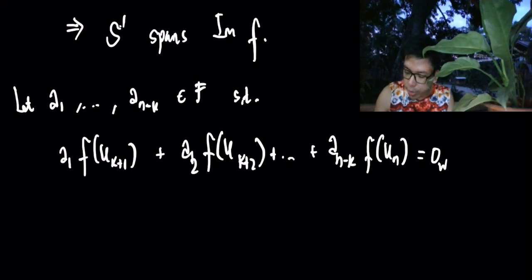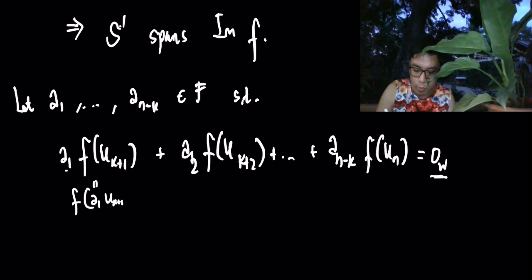So if you notice, this is equal to the 0 vector, which is the identity element of the vector space W. And remember, F here is a linear transformation, so I can have this equal to F of A1 UK plus 1, and then you can combine because of the first definition of a linear transformation, plus and so on.